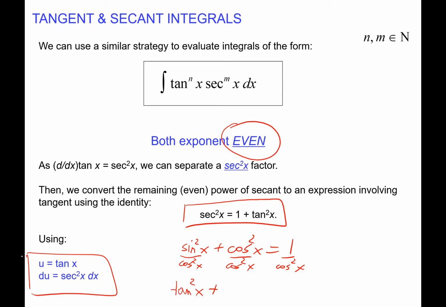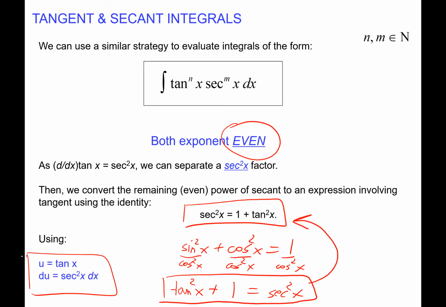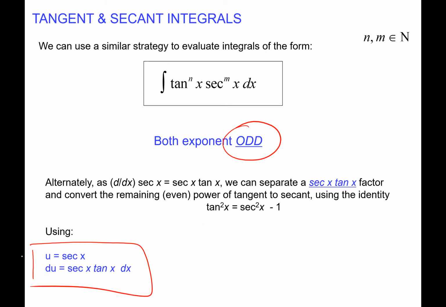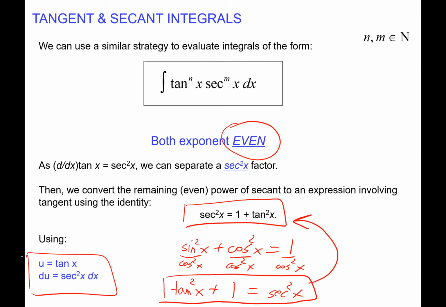Cosine squared over cosine squared is 1. 1 over cosine squared is secant squared. You can see that's how you can figure it out. And then it's easy to solve for secant squared. Just in case you forget if it's 1 plus or 1 minus tangent squared, this is the way to remember these formulas. Or we can solve it for tangent squared, where we subtract 1.